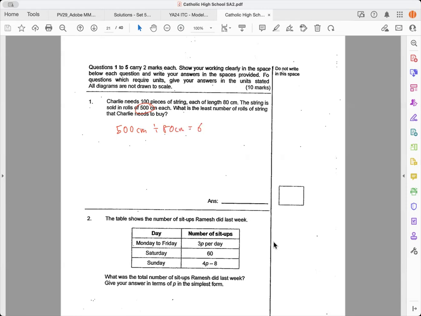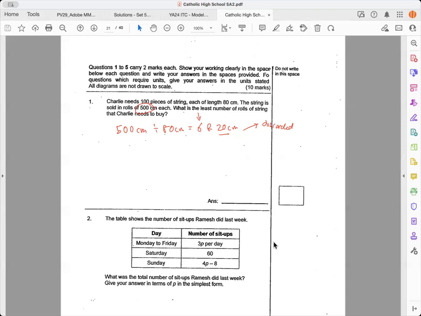You will get 6, remainder 20 cm. This 20 cm has to be discarded. You can't stick four of the 20 cm together to make one string of 80 cm. So one roll can only give you 6 pieces of 80 centimeter string.